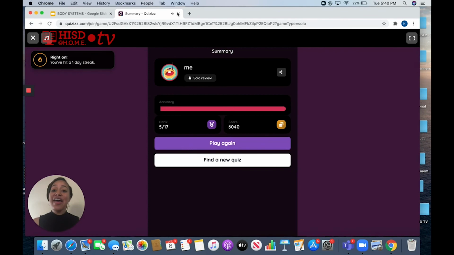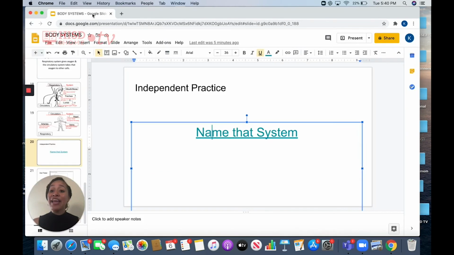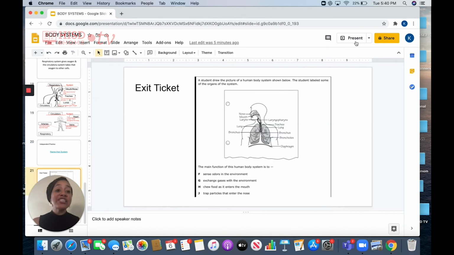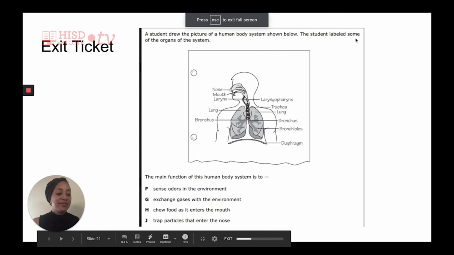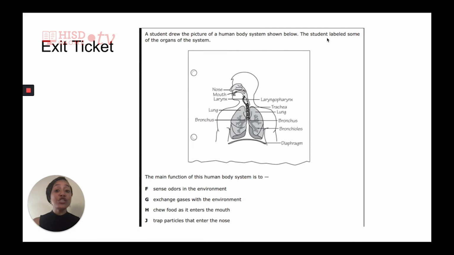All right, so that is our independent practice. We're going to move on to the last part of today's session, which is our exit ticket. So using your notes, it says a student drew the picture of a human body system shown below. The student labeled some of the organs of the system.